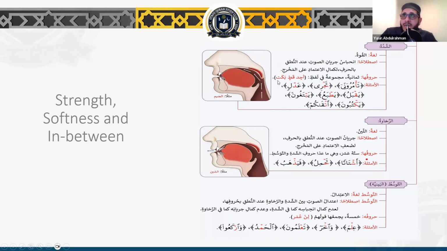So in ajidu qatim bakat, you can notice that qutbu jad is the qalqala letters, plus the hamza, the kaf and the ta.